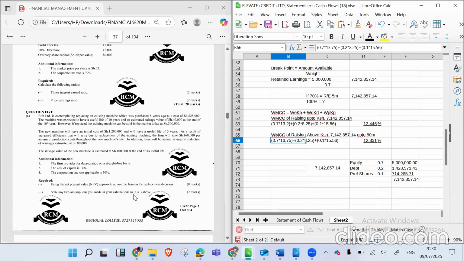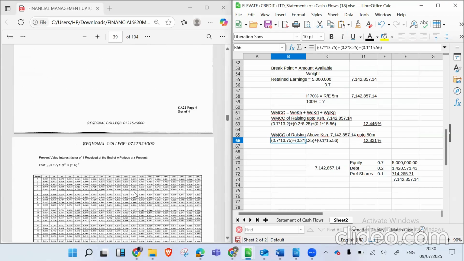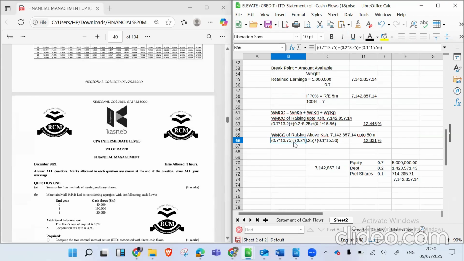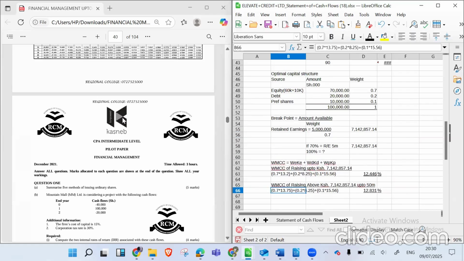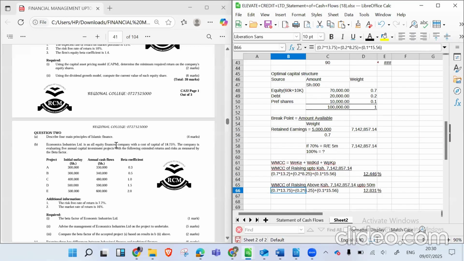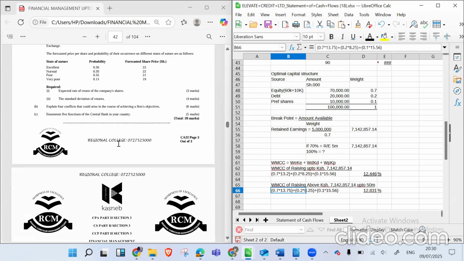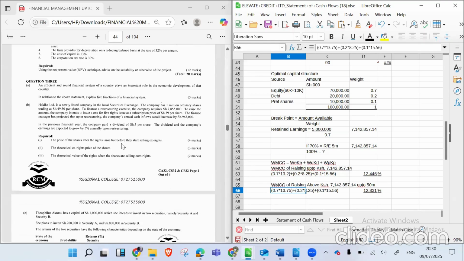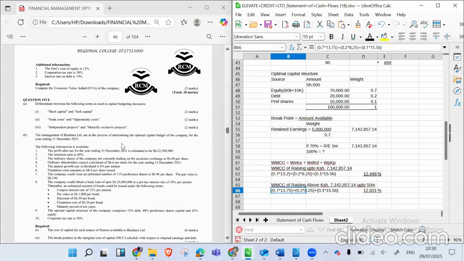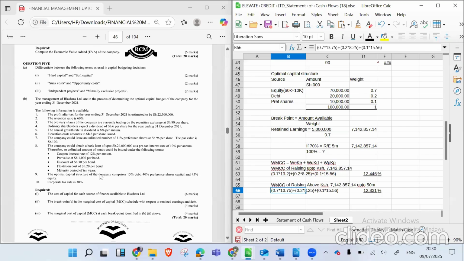Let me get one more question that we'll do. If you are confident, you can do the component costs. I know the hard work starts here at the breakpoint, but the component costs I believe we can all do. So let me get a question that we can look at on Friday. At least do the component costs. If you believe in yourself so much, you can also pick it up and finish it.